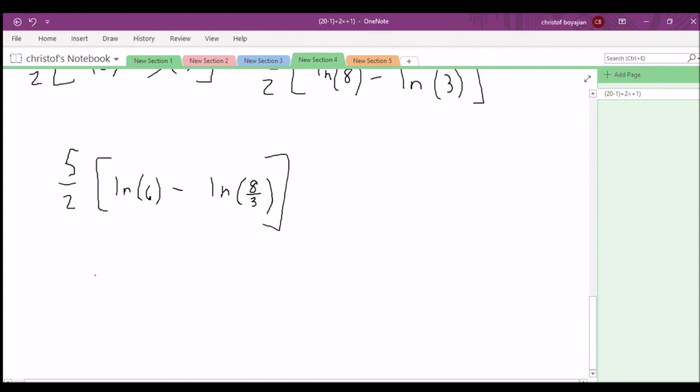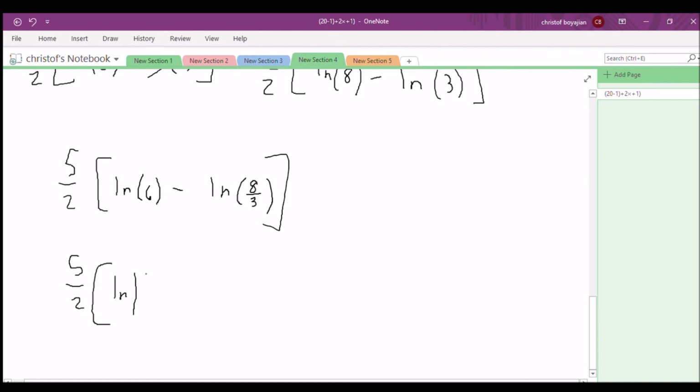And if we simplify this even further, we see that this is 5 over 2. Now natural log of 6 minus natural log of 8 over 3. So if we divide those two terms, we get that. I'm going to open up an absolute bracket here. So 6 divided by 8 over 3.